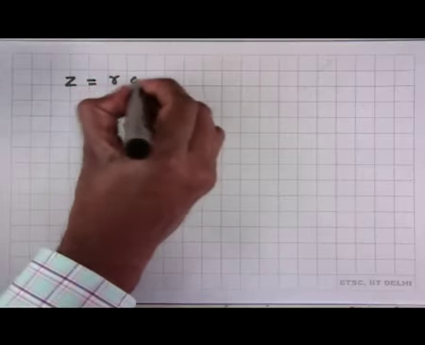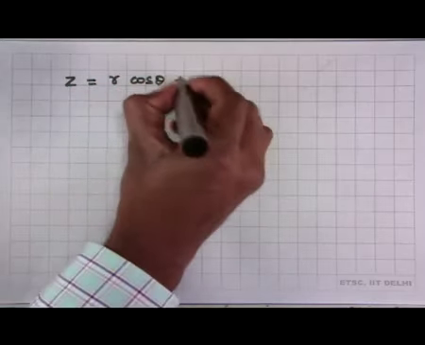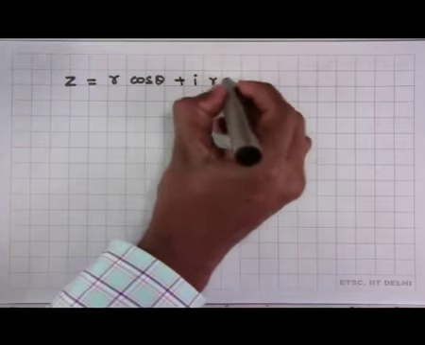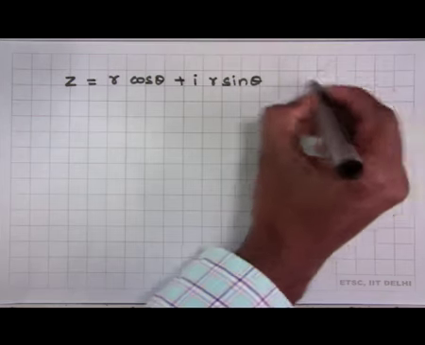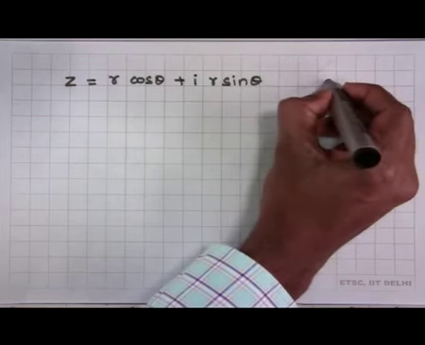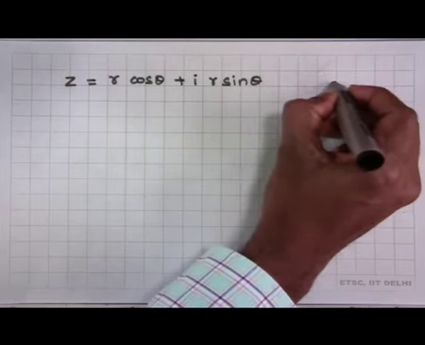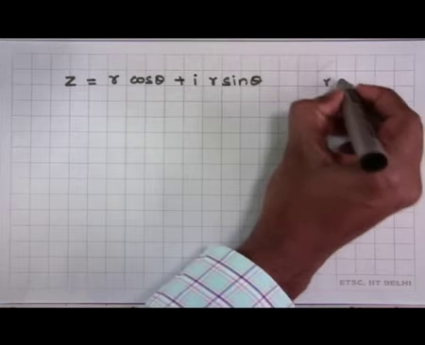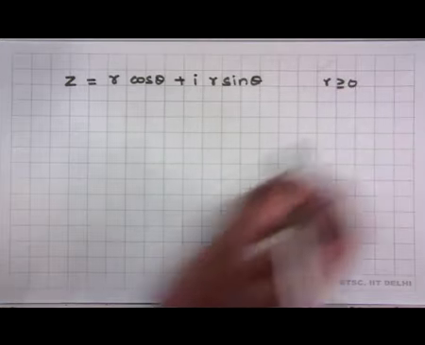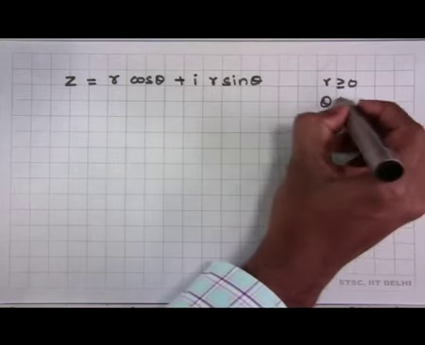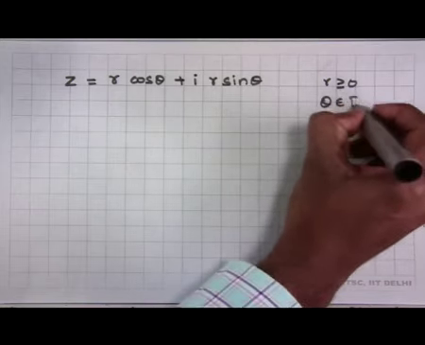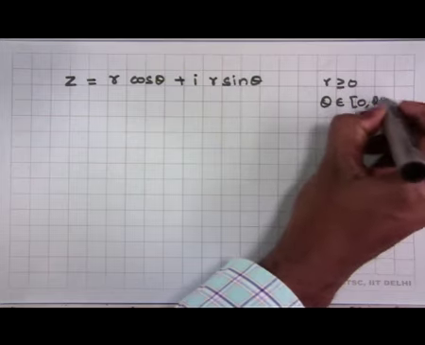z equal to r cos theta plus i r sin theta, where r is the distance from the origin to the point z, which is non-negative, and theta can be taken from 0 to 2 pi.